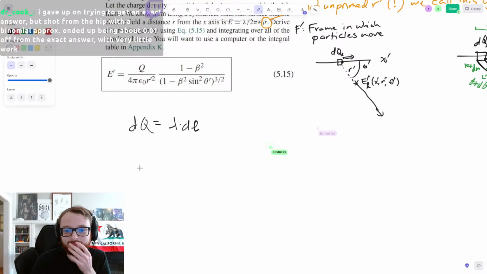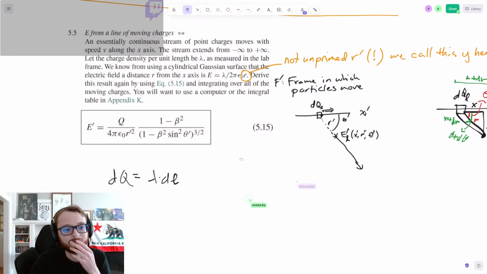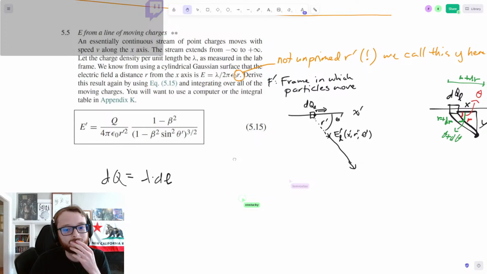But yeah. I mean, I guess both things are true, right? DQ is DQ. But then we can choose whether this is the primed lambda and L or the unprimed lambda or L.